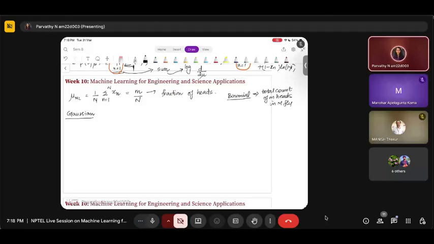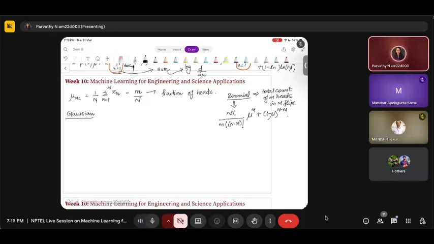So when we consider the binomial PMF, what do we have? n factorial divided by m factorial into n minus m factorial into mu raised to m into 1 minus mu raised to n minus m, right?